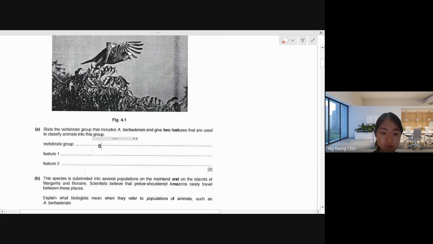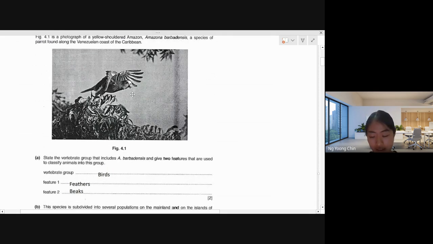The features are: they have feathers, and they have strong, hard beaks. And then they lay eggs.